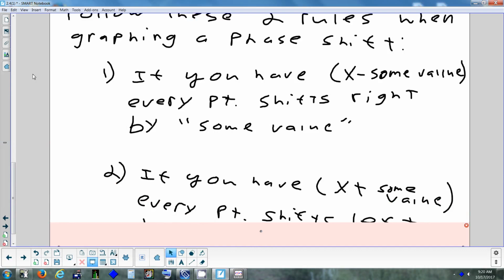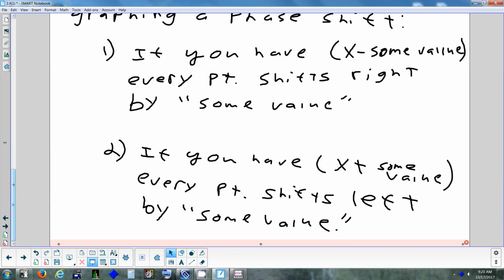Okay, so if you have x minus a value, your graph is going to shift right by the value, whatever you type in. If you have x plus a value, your graph is going to shift left by the value.